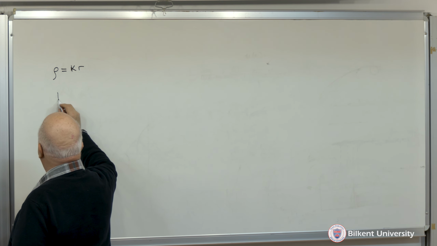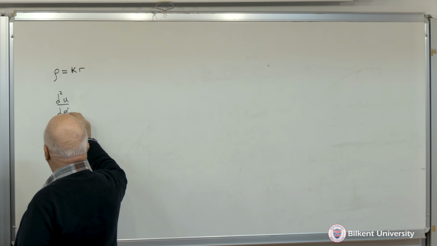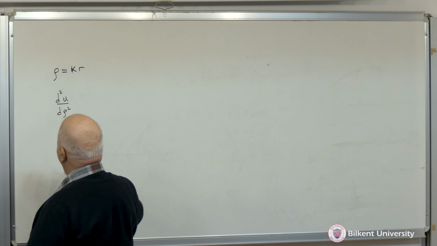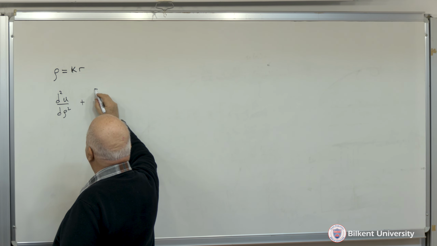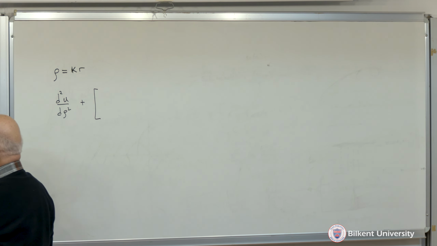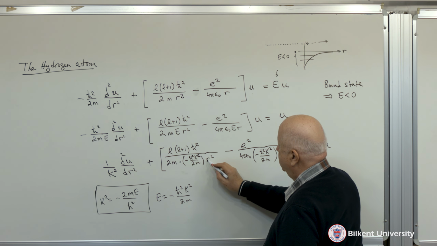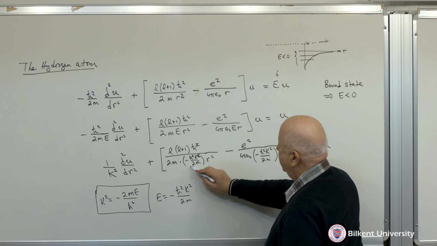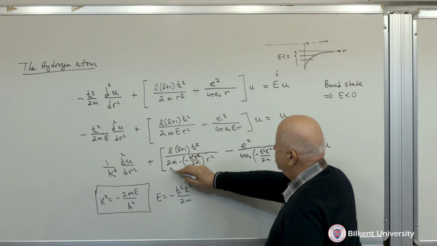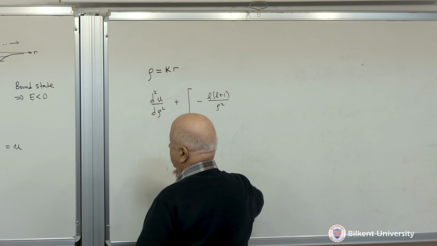So now we have another equation, d squared u d rho squared, plus, you see almost everything cancels here. H bar squared cancel, k squared and r squared form a rho squared. M's go away, but there's a minus sign. So minus L plus 1 over rho squared.